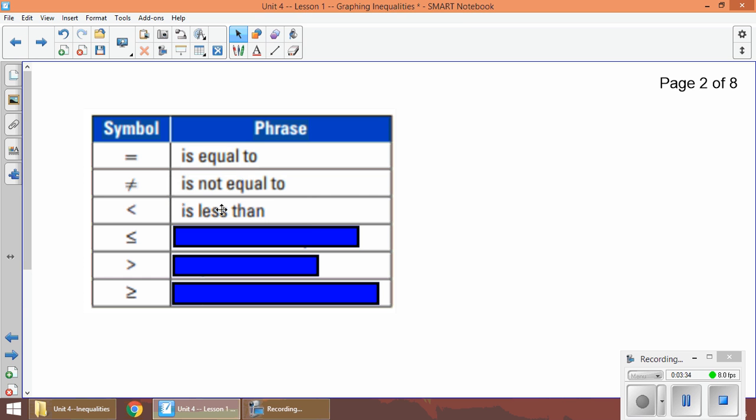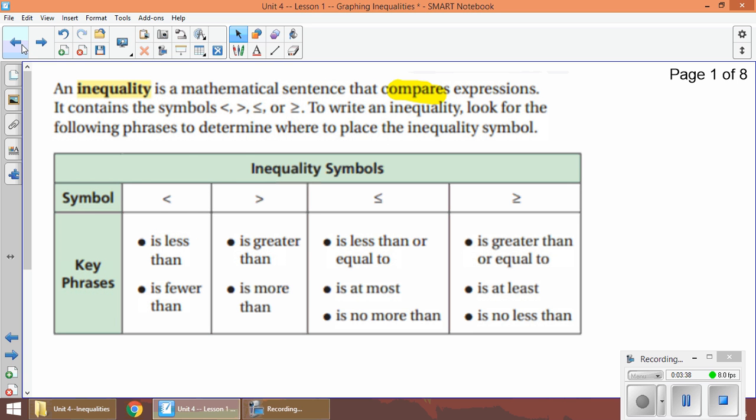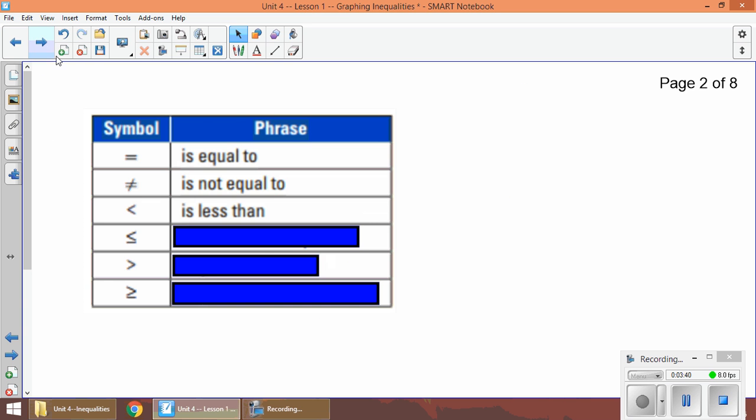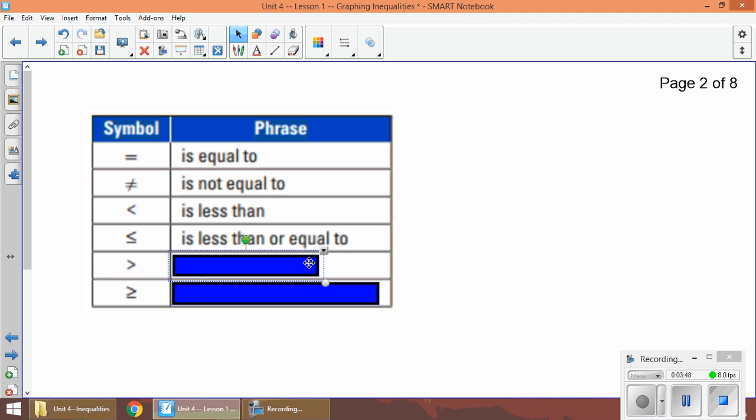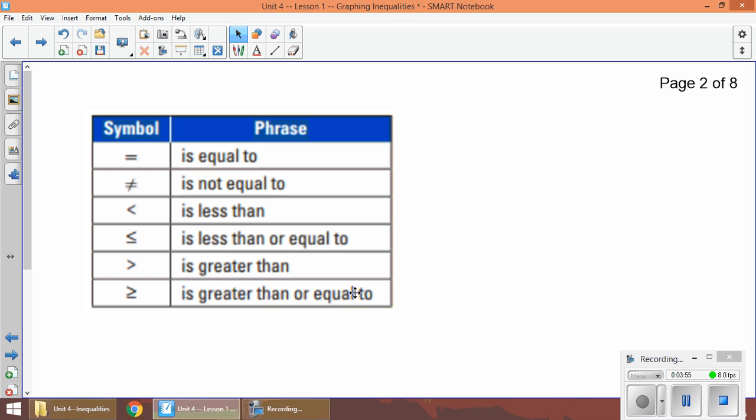The third one is less than, or anything that you learned in this chart here. The next symbol is less than or equal to. The next one is greater than. And the last one, greater than or equal to. Okay, let's move forward.